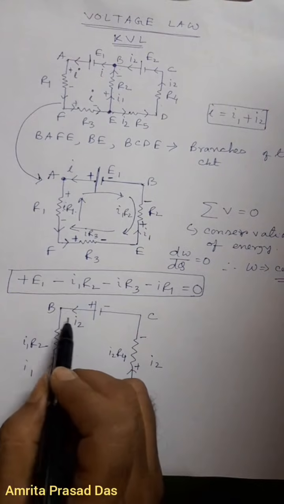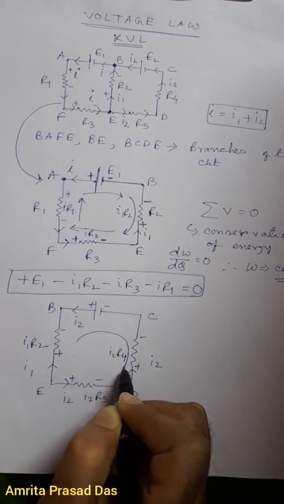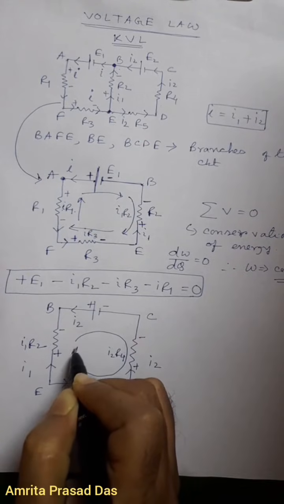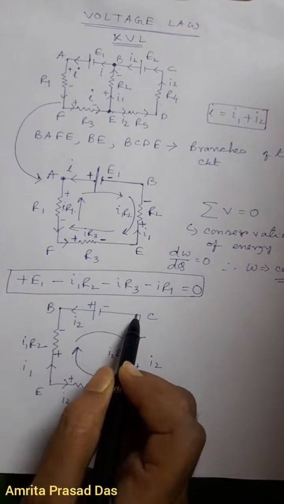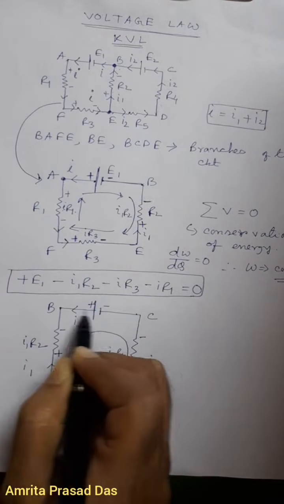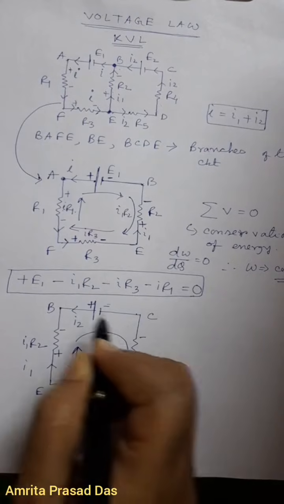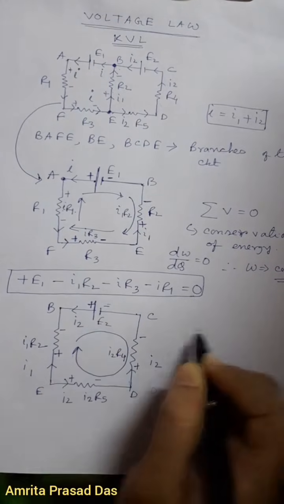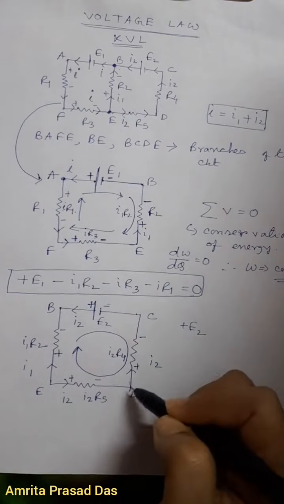Now you start moving from B, move clockwise and return to B. First you go through BC. B is at high potential with respect to C, plus minus, therefore you get the potential difference of the cell as plus E2.